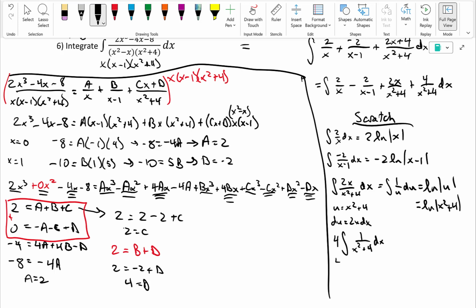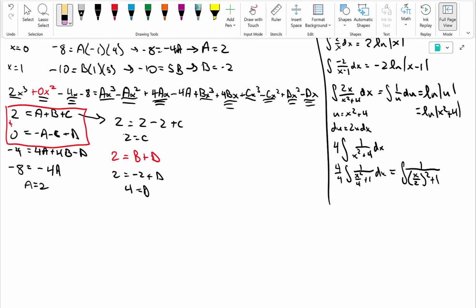So 4 over 4 out front would just be a 1, but we'll write it for a step. We get a 1 over x squared over 4 plus 1, which is going to be a 1 times the integral of 1 over x over 2 quantity squared plus 1.